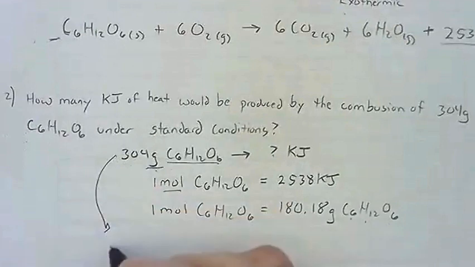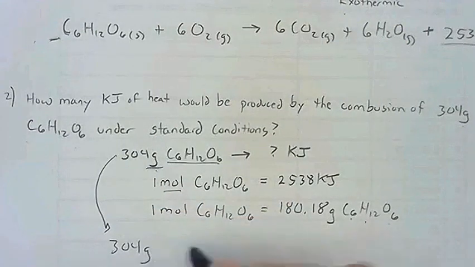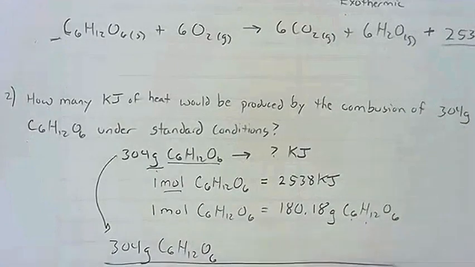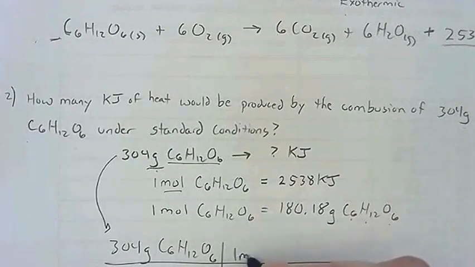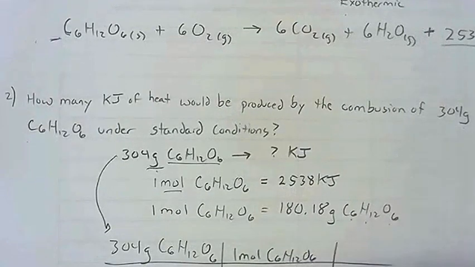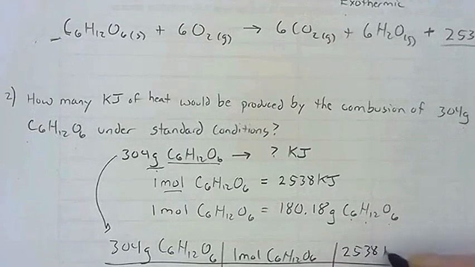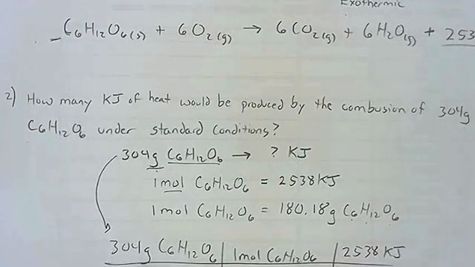So I set up my grid, 304 grams of glucose. I have 180.18 grams of glucose on the bottom, and that's equal to 1 mole of glucose. And then I have for every 1 mole of glucose, I have 2,538 kilojoules.